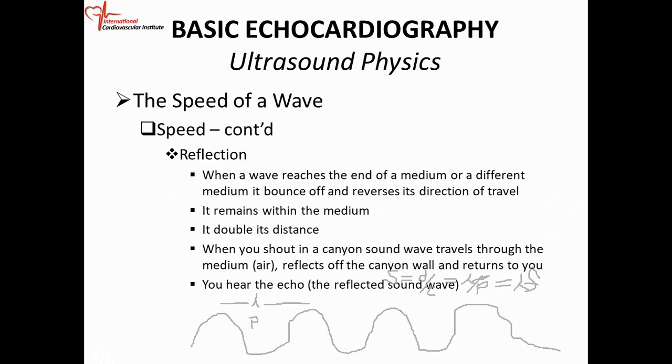Another property of waves is reflection, okay? Another property of waves is reflection. That is, when a wave comes up to a boundary or an obstacle, it's going to strike that boundary or obstacle.